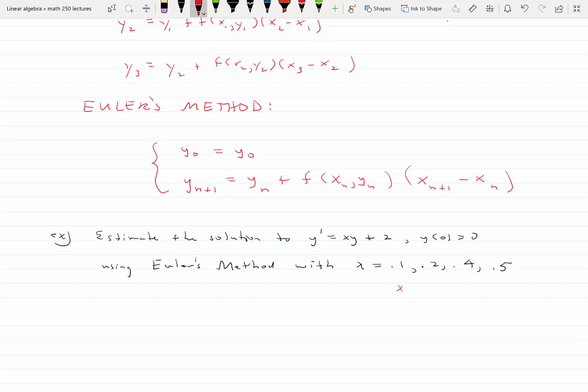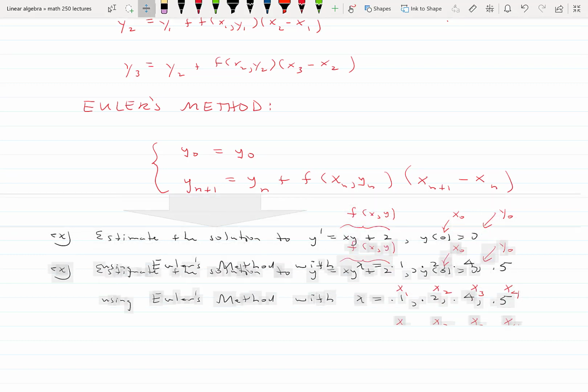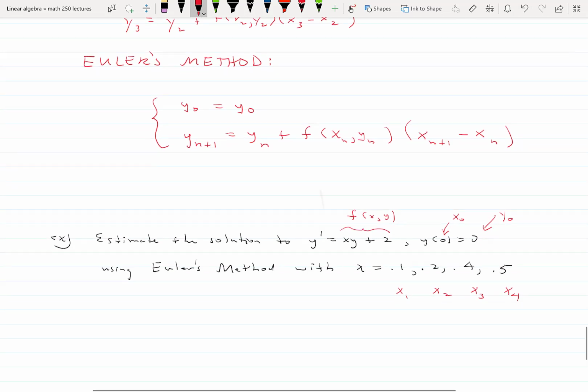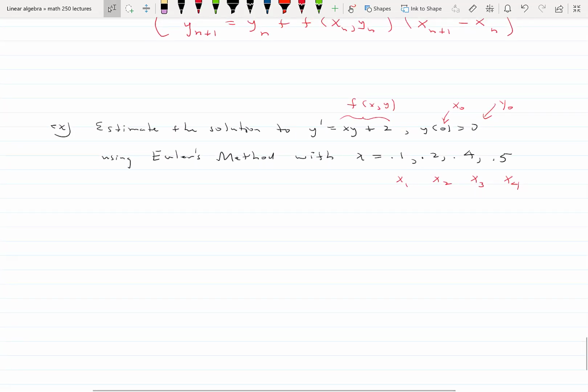So x1 is 0.1, x2 is 0.2, x3 is 0.4, and x4 is 0.5. Of course we're given y of x naught equals y naught, and f of x, y equals xy plus 2. I'm going to separate this off from our previous work.